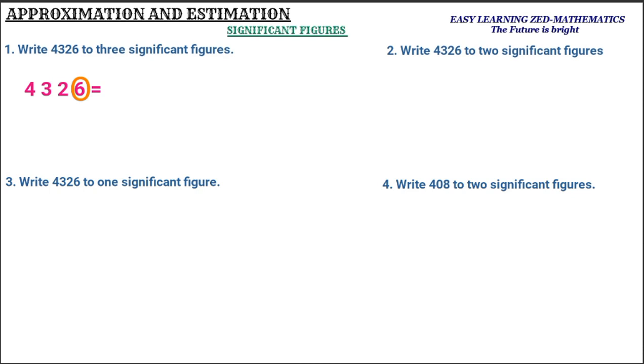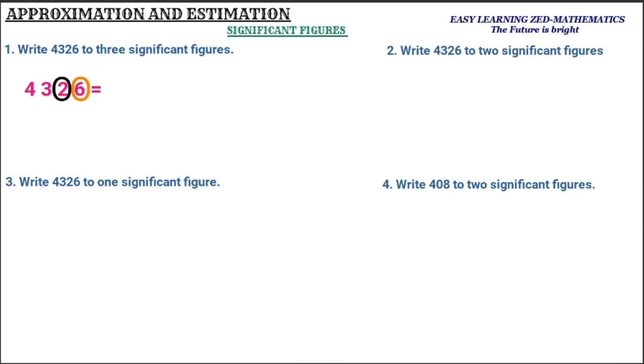There is a video on significant figures where I talked about how you can identify significant figures in a number. And then 6 is going to be removed. Then this one might change or remain the same depending on the number we're removing.